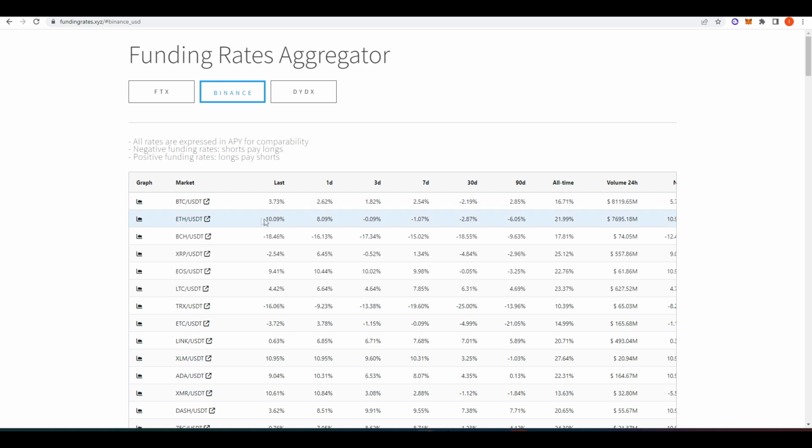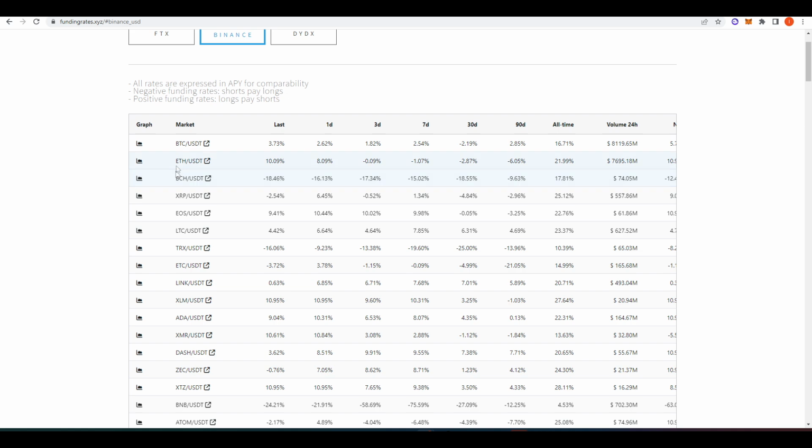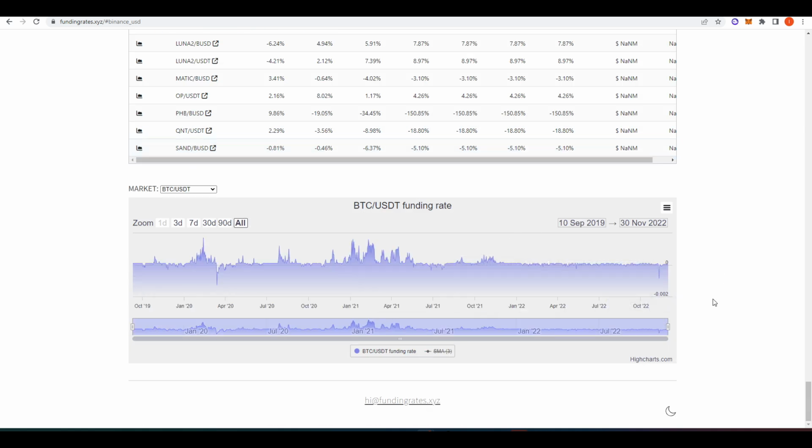And it's not only just Bitcoin and Ethereum. It's like Bitcoin Cash and XRP and EOS and Litecoin, which is funny to me. But if we just click on this graph here, we can see that generally the Bitcoin USDT funding rate is positive. Zero is this line here. We can see it's generally positive. We've had a month or two where it's been negative.